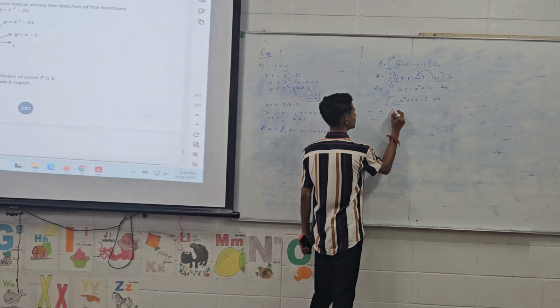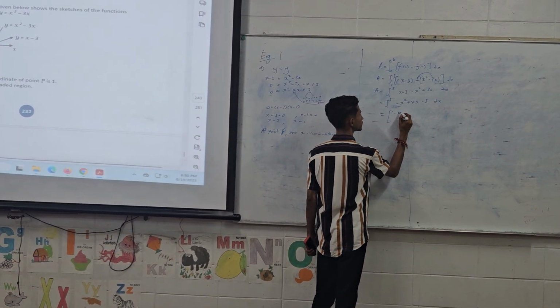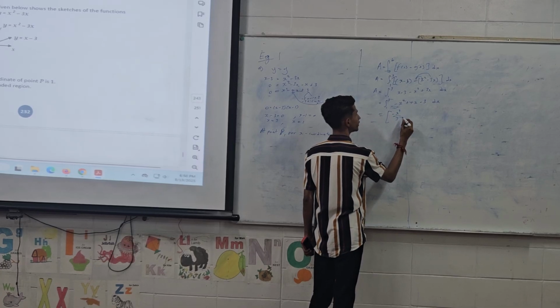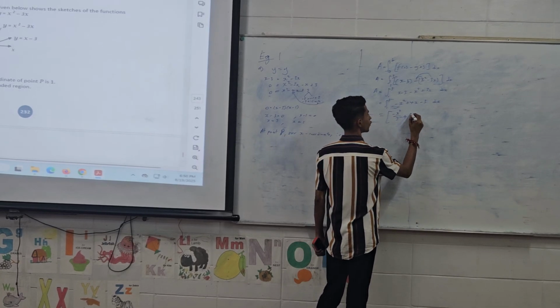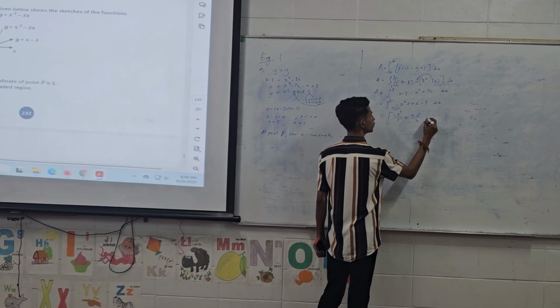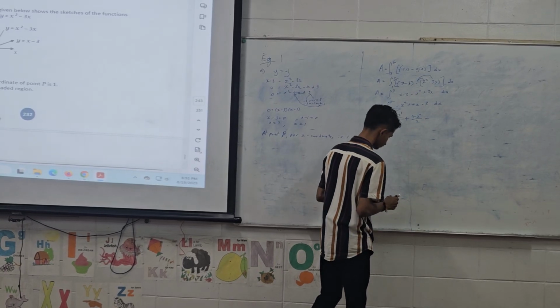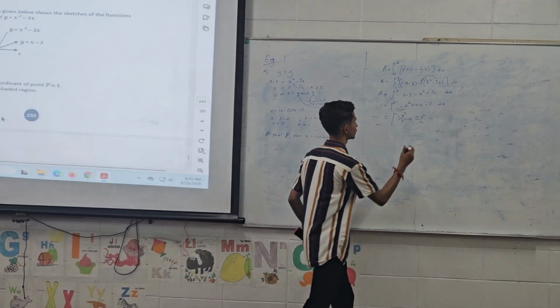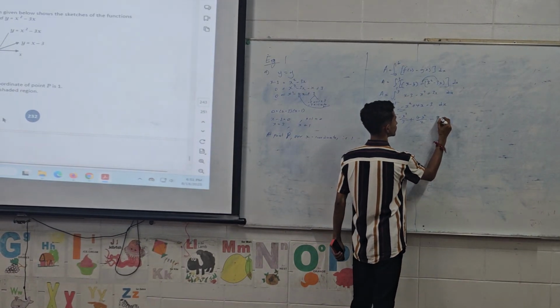So now we integrate minus x squared, power plus 1 which will be 3, so minus x cubed divided by 3, plus 4x, power 1 plus 1 will be 2, divided by 2, and for negative 3 we will just add x. When you integrate you will get 3x.